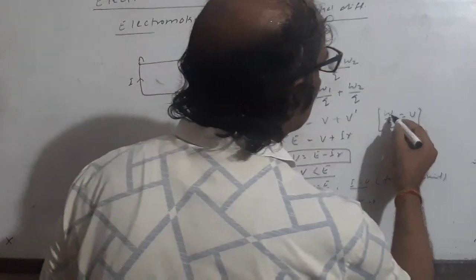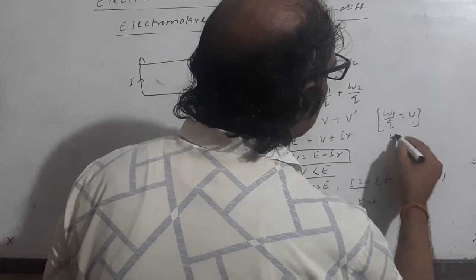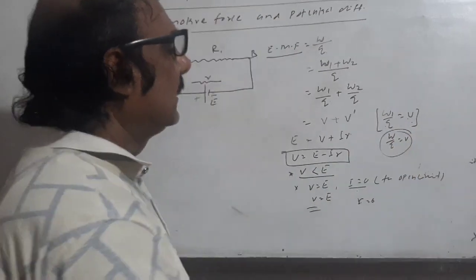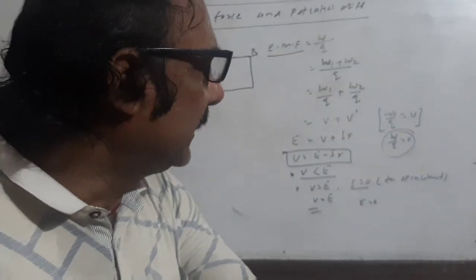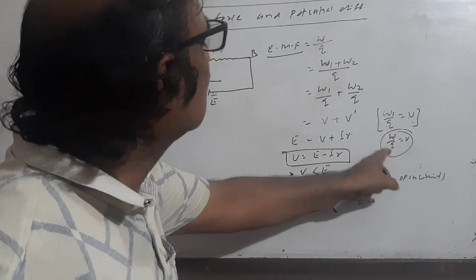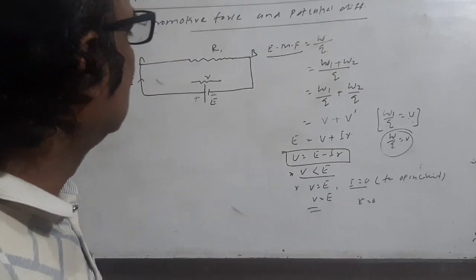So there is no confusion: this is W1 by Q here, and if you represent W by Q equal to V, the definition is restricted to the work done for that particular length and that particular resistor, whereas EMF is the total work done by charge for the total entire path.